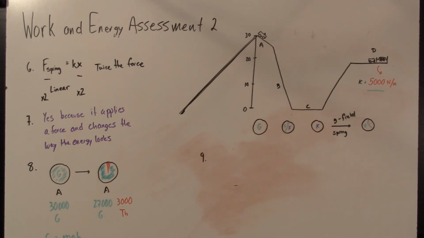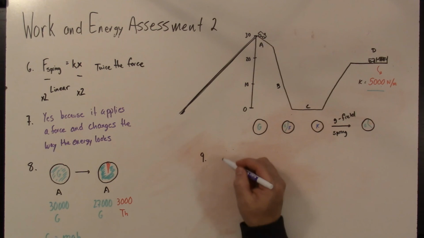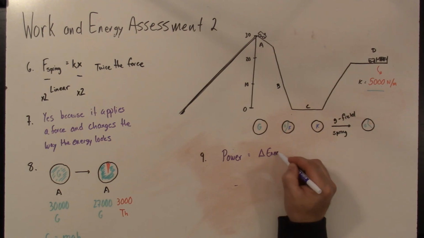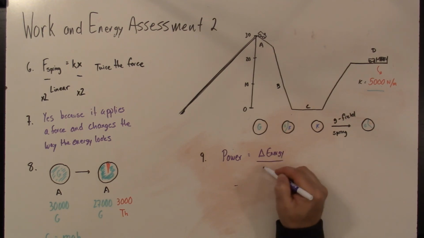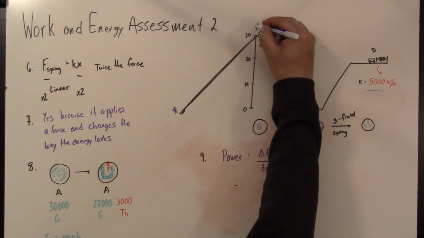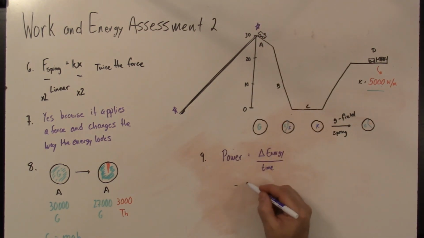Well, what do we know about power? Power is the change in the energy divided by the time. So if the cart went from here to here, what kind of energy change do we have? Well, it looks like we have a change in the gravitational energy.